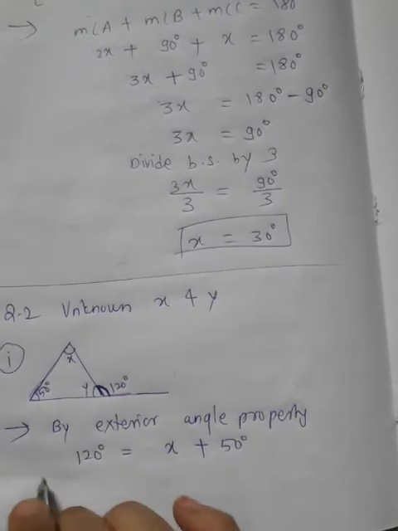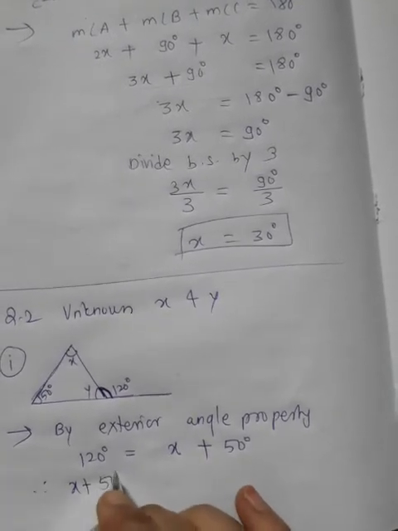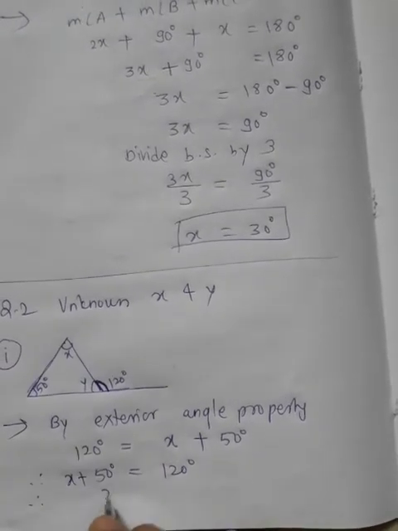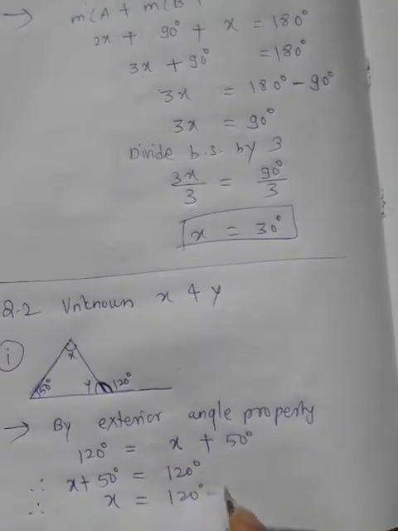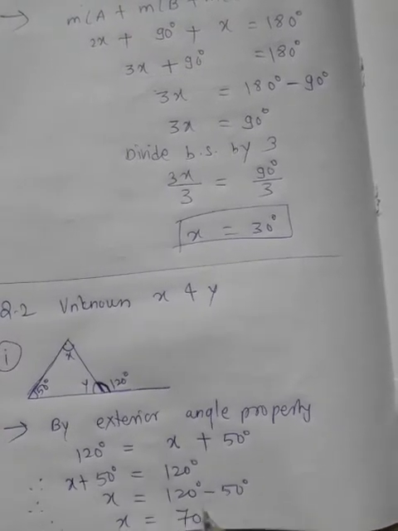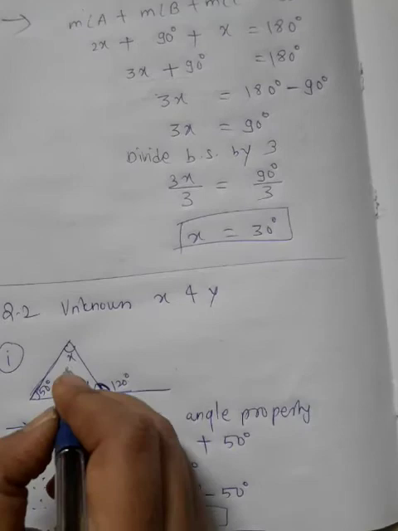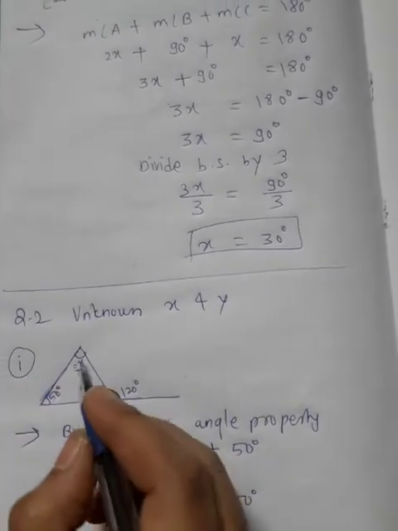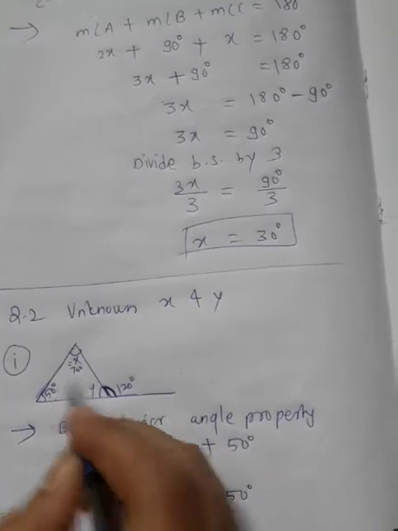So write this equation as x plus 50 degrees is equal to 120 degrees. To find x, transpose 50 to the RHS. What does it give? 120 degrees minus 50 degrees, and we get x is equal to 70 degrees. So here we get the value of x, that is 70 degrees. Now you can use our property, the sum of the measures of angles of a triangle is 180.